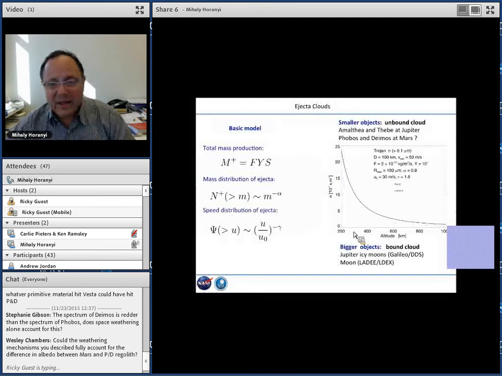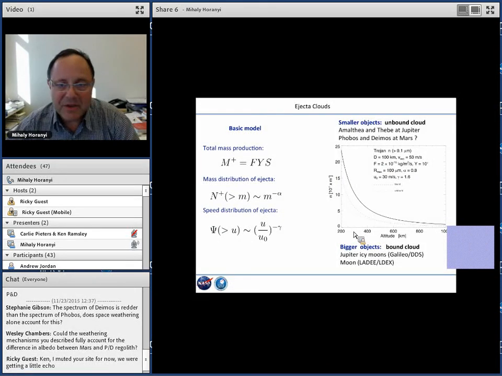And we do have models for ejecta clouds, and believe it or not, our best example before we had the LADEE mission to the moon was Galileo measurement at Jupiter. The icy moons of Jupiter were noticed when the Galileo dust detector flew by. The impact rates went quite high, and we do have models how to describe ejecta clouds depending on the size of the object.